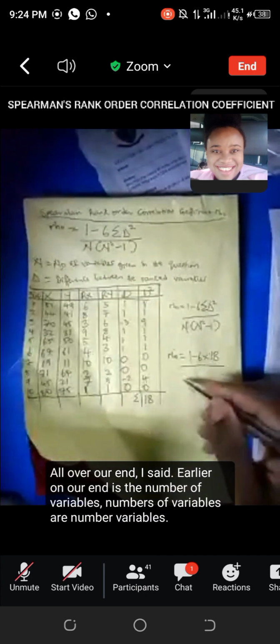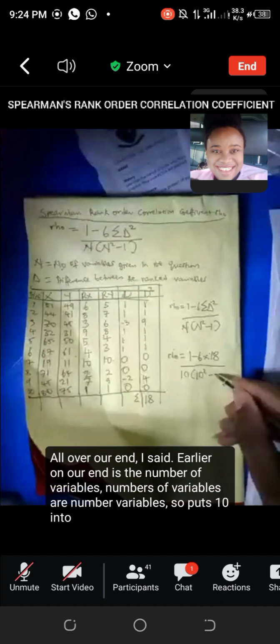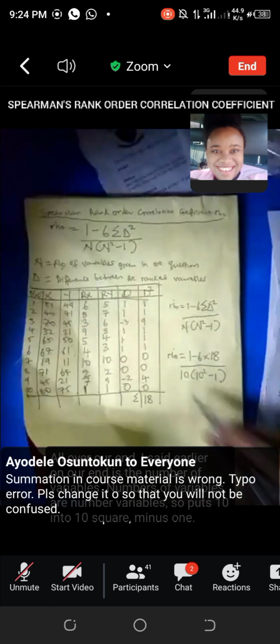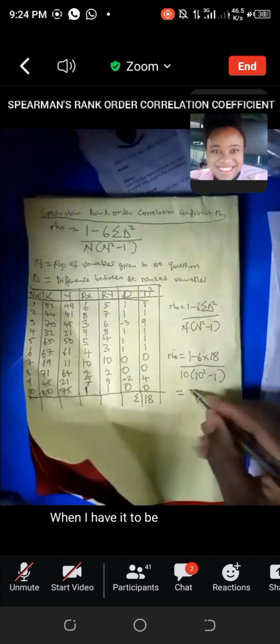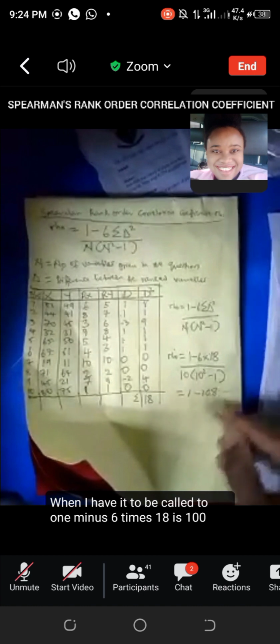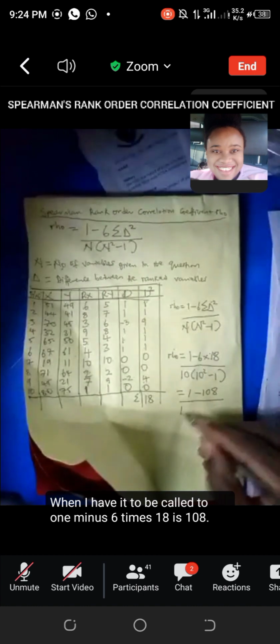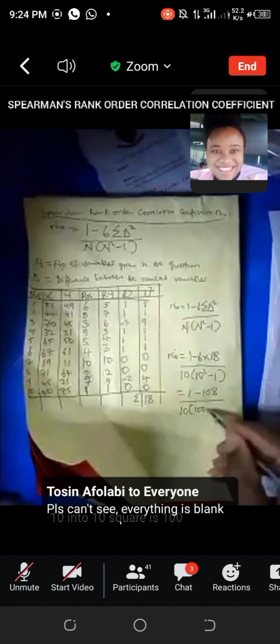So we'll put 10 into 10 square minus 1. Then we will now have it to be equal to 1 minus 6 times 18 is 108 all over 10 into 10 square is 100, 100 minus 1.